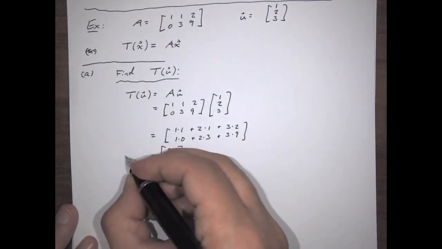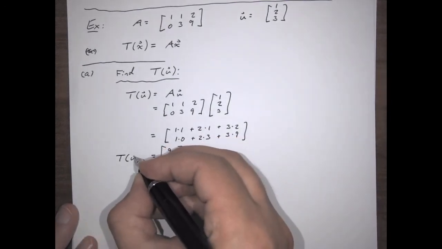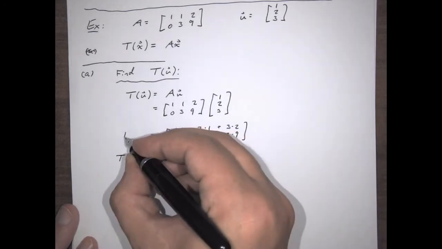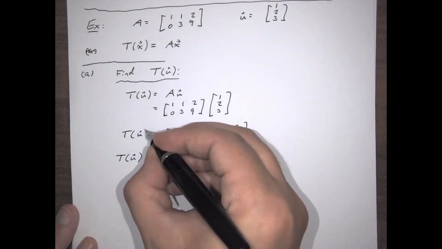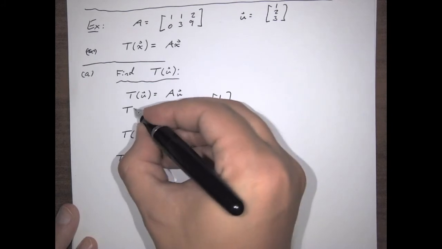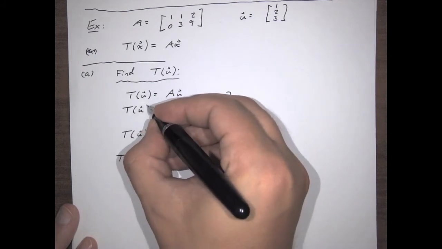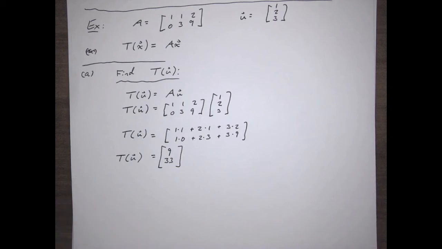So T of u is what this has been equaling the whole time. So the image of u under this transformation is equal to the vector 9, 33.